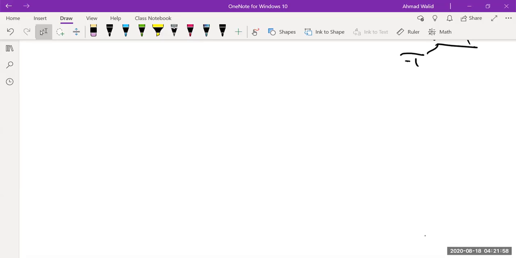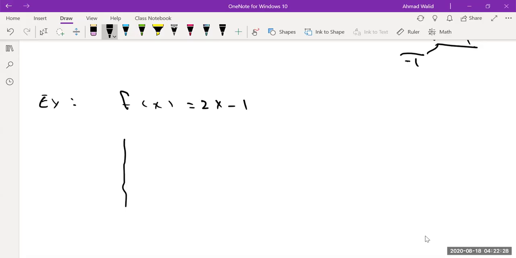Example 2, sketch the graph and find the domain and range of the function. They give you a function f of x equals 2x minus 1, and they're asking you here to find the domain and range of the function, and also sketch this function, correct?